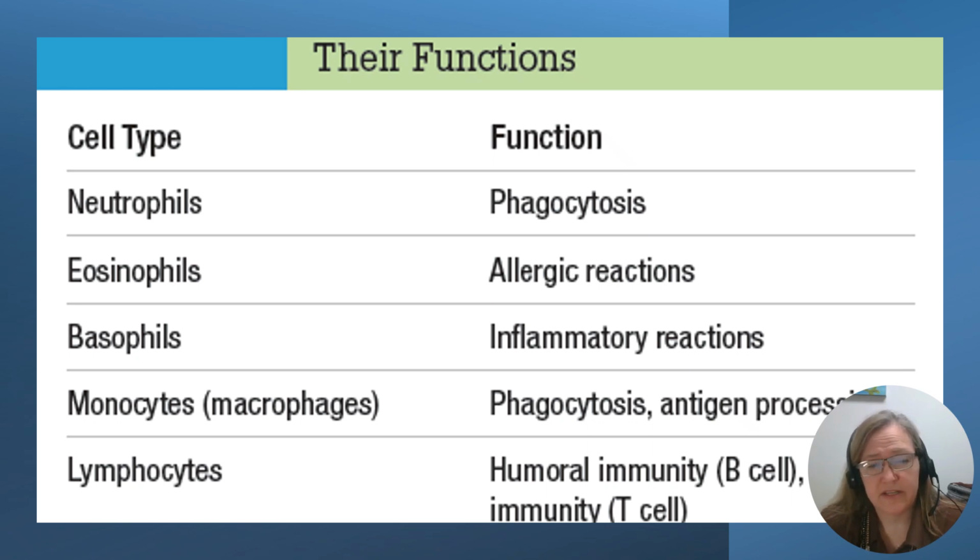Eosinophils are more indicated in allergic reactions. Monocytes and macrophages are more involved in antigen processing, and lymphocytes are more involved in humoral immunity. Also T cell immunity. So make sure that you have an idea of that, review that. It'll help you as you go along in nursing.